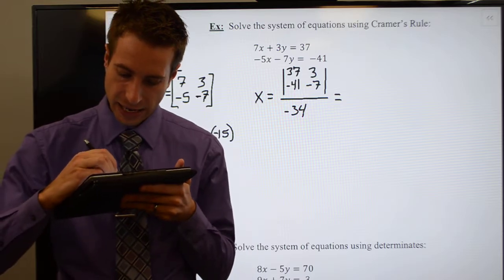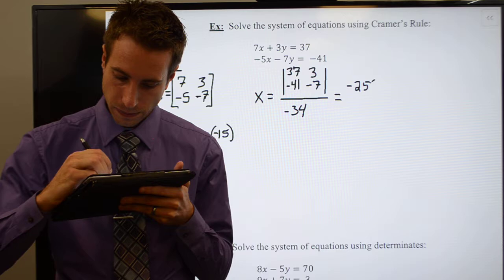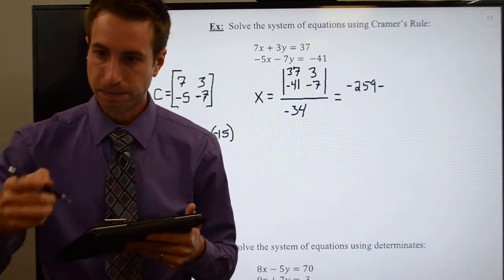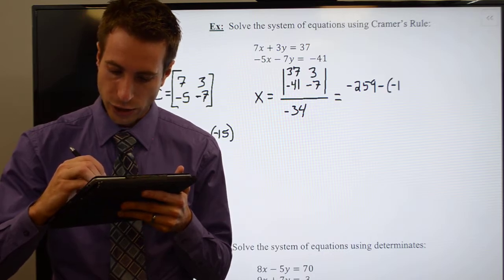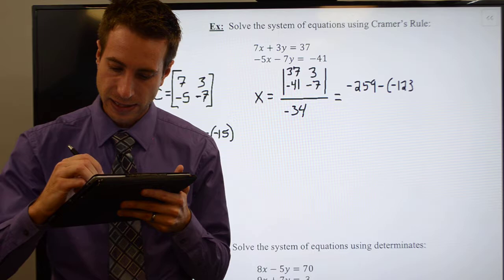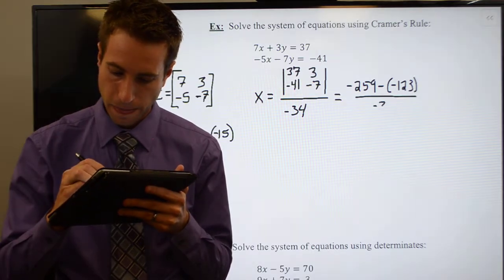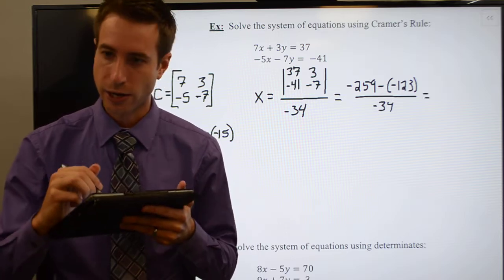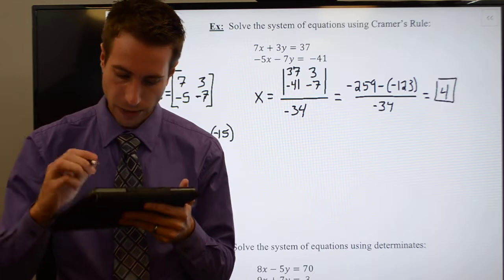I wind up with -259 minus a -123. Careful, watch your signs. You'll have to add the opposite. That's all divided by a -34. Throw all that into your calculator. Don't fat finger something on your calculator, and I get a +4.